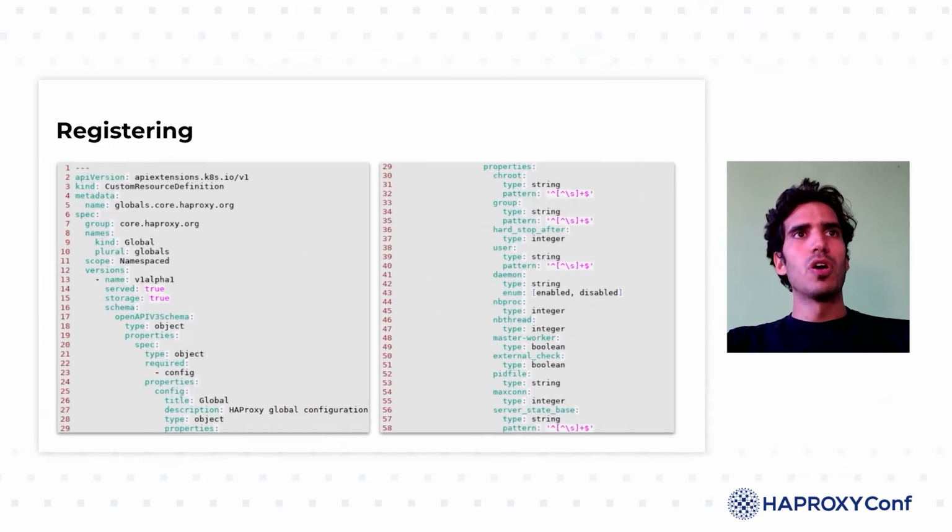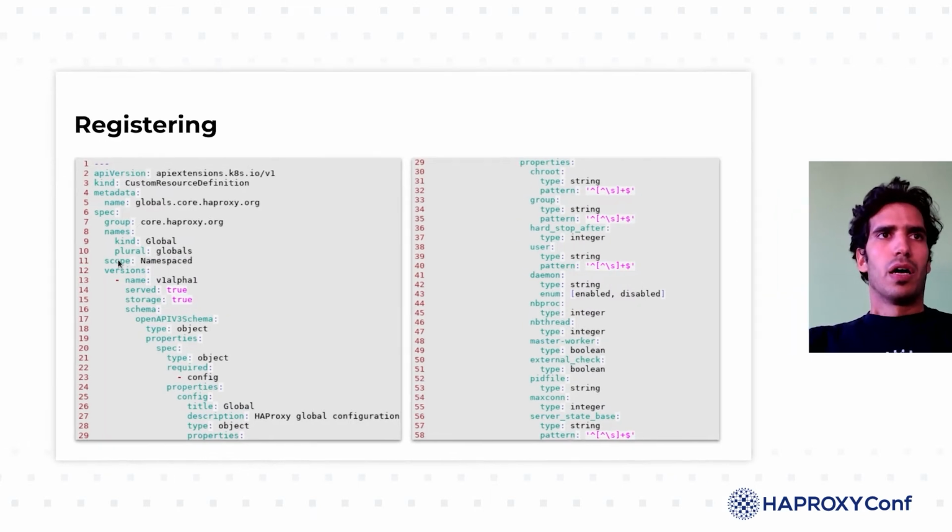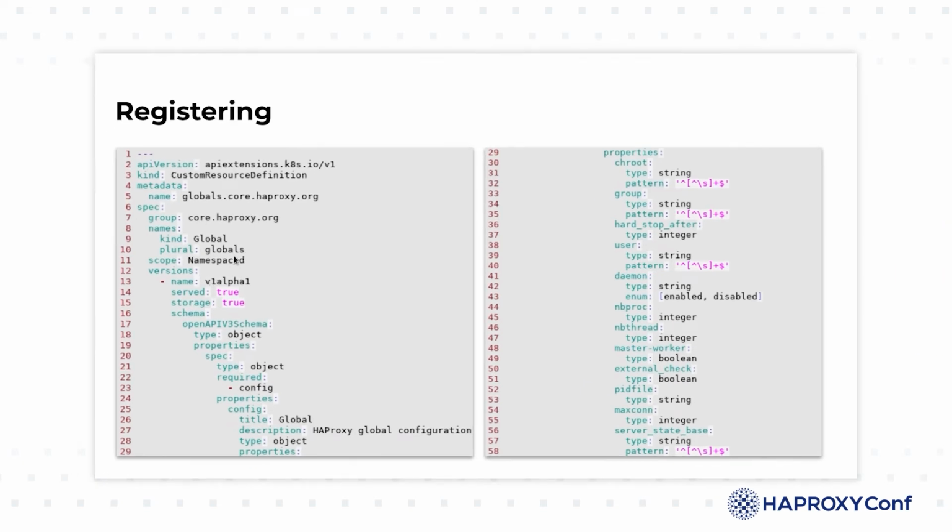And talking about registering a custom resource, this is done via a custom resource definition. Here we are defining the name and the group, which is the API group core.haproxy.org. We have a kind and we have a plural name for the custom resource. This resource is a namespaced resource, so it can only exist in a namespace.